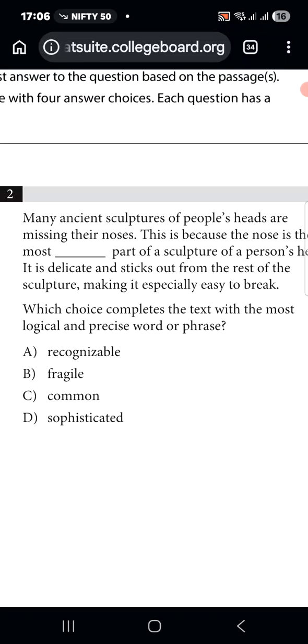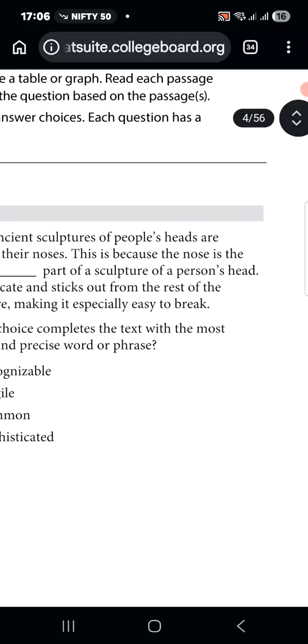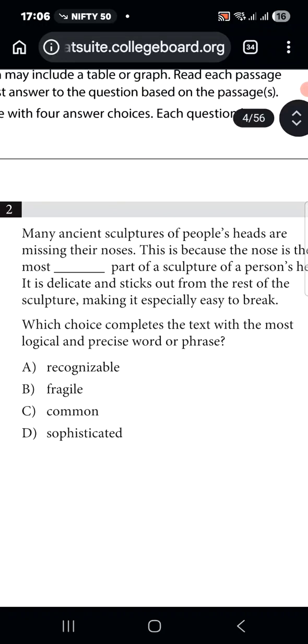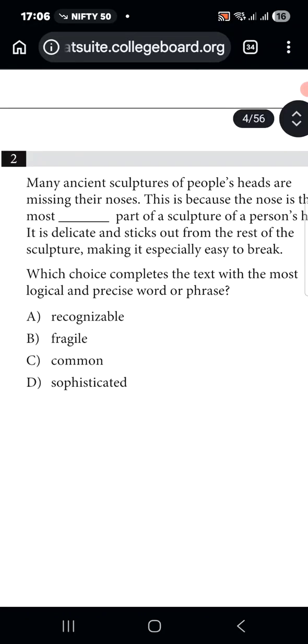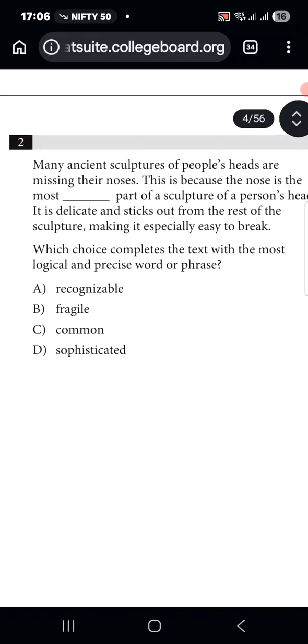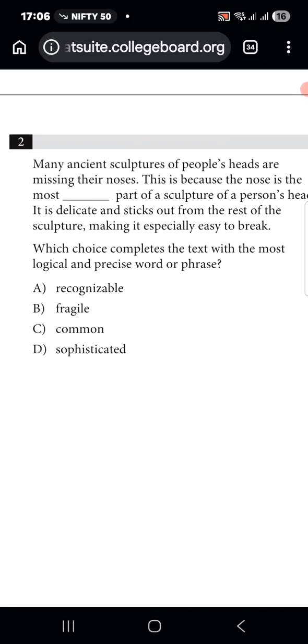So some part is missing from the sculpture, that part is nose, and nose is missing because, so that we have to figure out the reason, because the question is saying this is because, as you can see, because it is a fragile part of the body, and I don't need to read the rest of it. So this way you can save your time by reading less. You can economize the use of your mental energy, and you get the answer also correct.